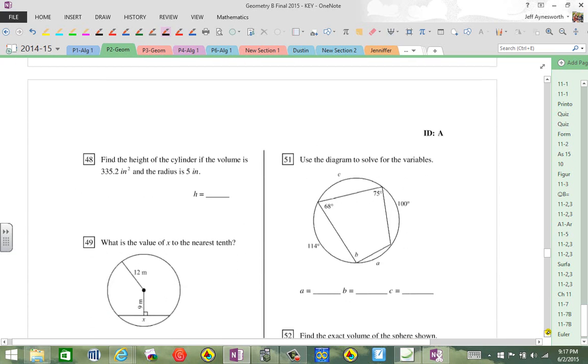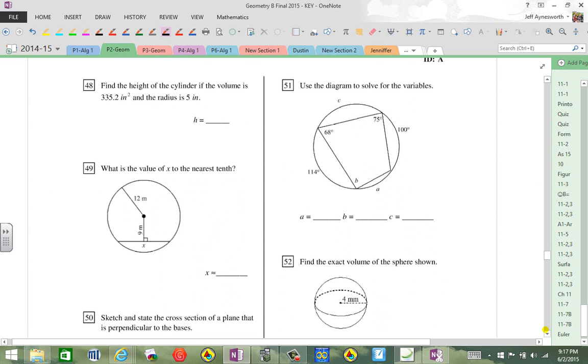Okay, number 48. What's the height of a cylinder if the volume is given? So you have a cylinder here. The volume is equal to base area times height. The volume is given, and the radius is 5. The base is a circle, right, for a cylinder.